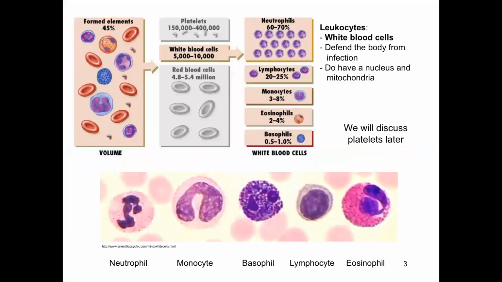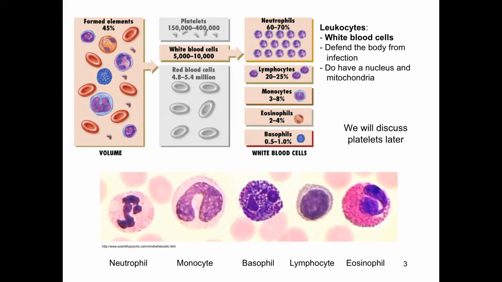Next idea. All right, now with your leukocytes, your white blood cells, in general, what do they do, right? Well, you can think of them as defending the body, right? They all have a role to play in this, and we will go over that in great detail. But one thing that they have in common is that all of the leukocytes will have a nucleus, right?